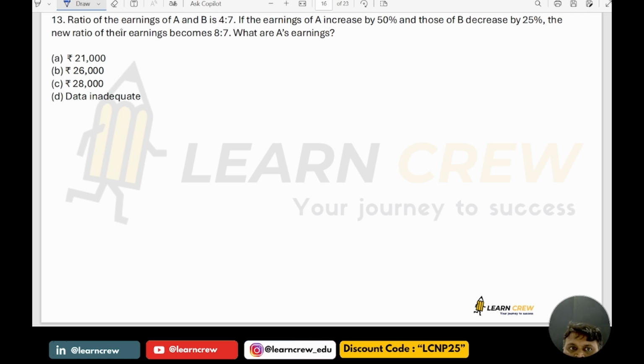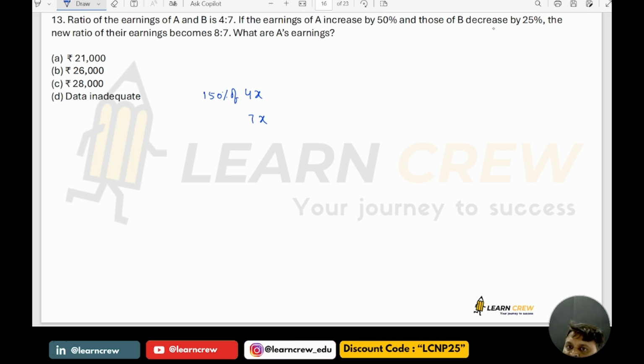Initially the earnings of A and B are 4 and 7. So 4x is the earning of A and 7x is the earning of B. A's earning is increased by 50%, so it becomes 150% of 4x.